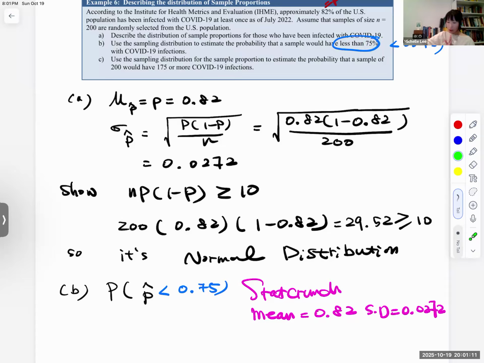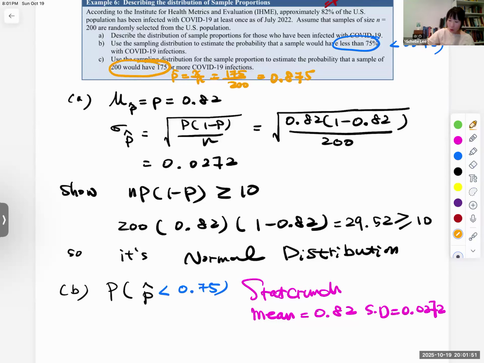For part C, they don't give us a percentage, but we can calculate. So we can use this as p hat. P hat, which is X over n, is 175 over 200. Can you please calculate? 175 divided by 200 is 0.875. We are using that.